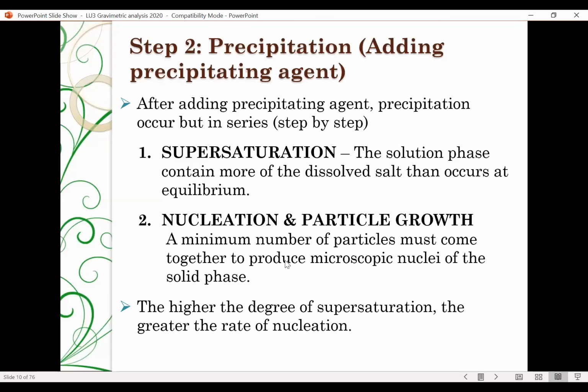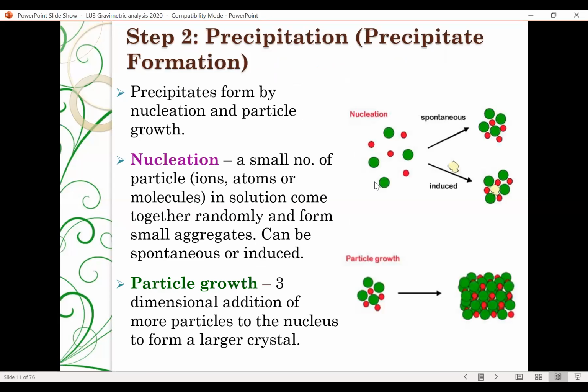And nucleation and particle growth shows the minimum number of particles that must come together to produce microscopic nuclei of the solid phase. So the higher the degree of supersaturation, the greater rate of nucleation. So now we go more details on nucleation and particle growth.